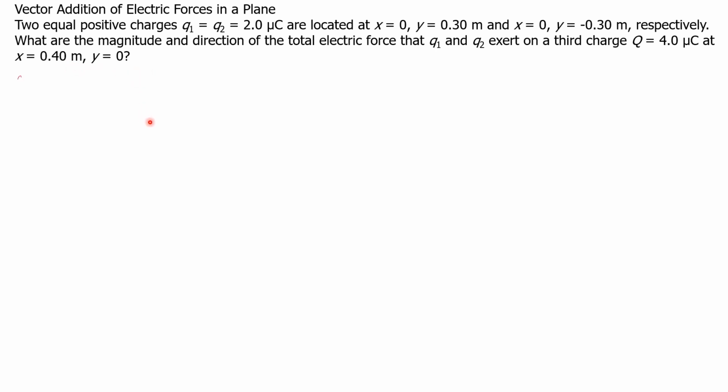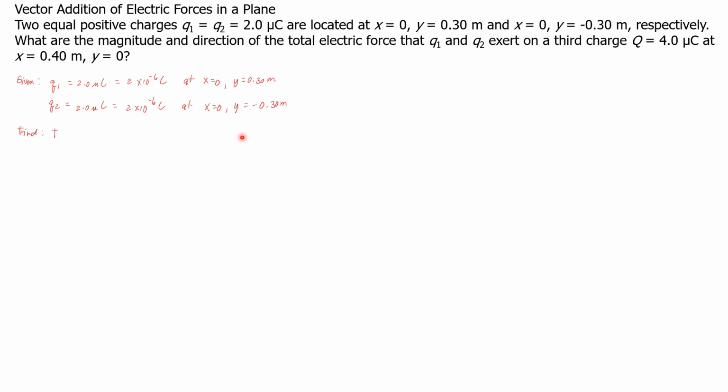So our given is Q1, we have 2 microcoulomb, which is equal to 2 times 10 to the negative 6 coulomb, located at x equal to 0 and y equal to 0.3 meters. We also have Q2, which is also 2 microcoulomb, that is 2 times 10 to the negative 6 coulomb, located at x equal to 0 and y equal to negative 0.3 meters.